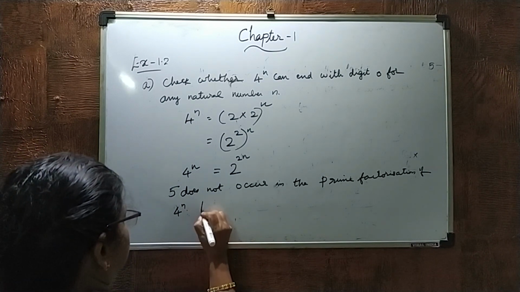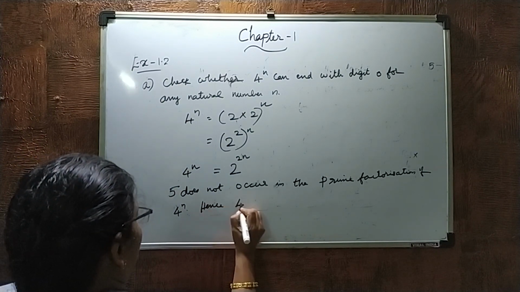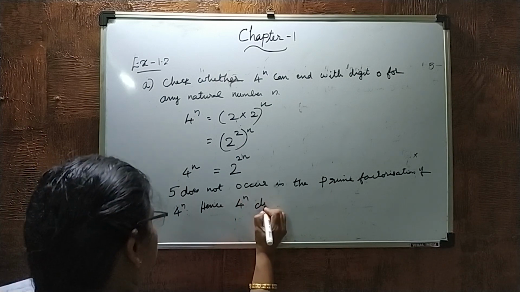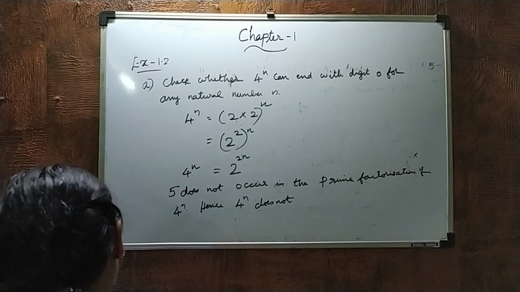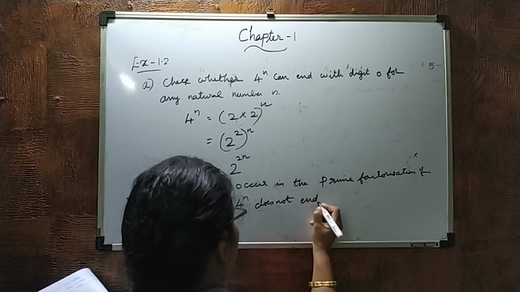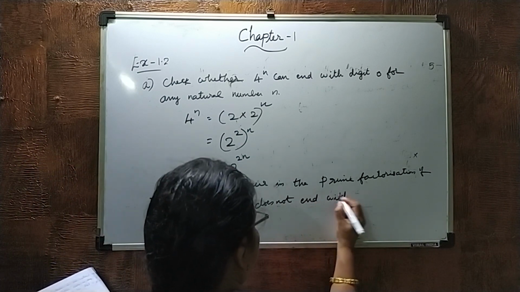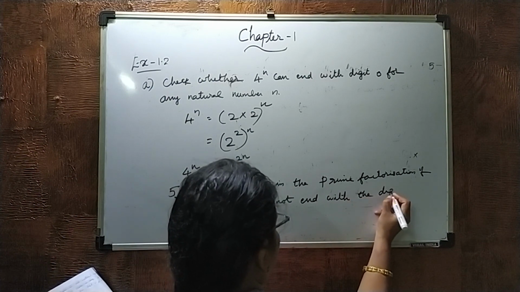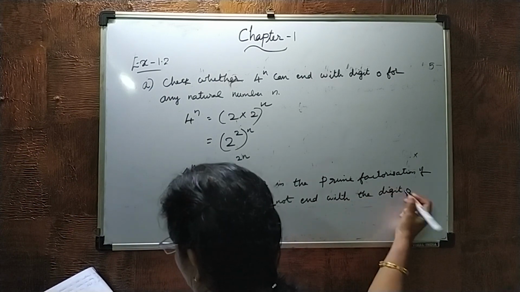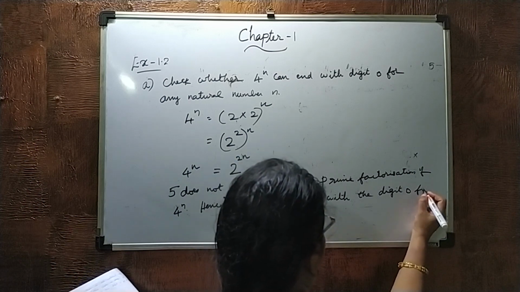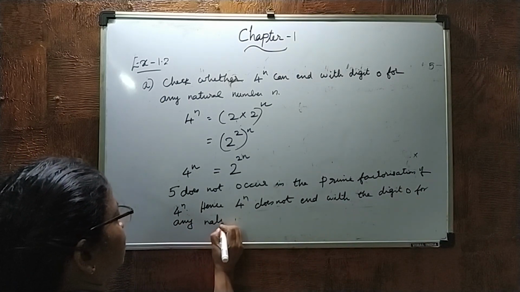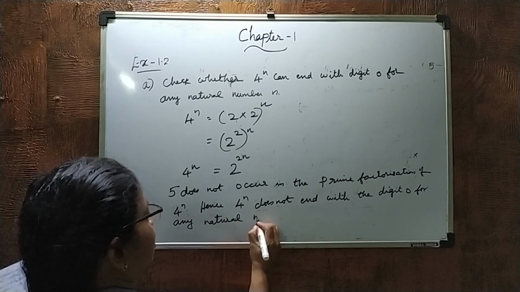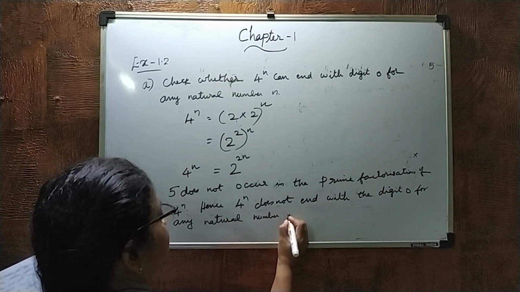Hence 4 raised to n does not end with the digit 0, for any natural number n.